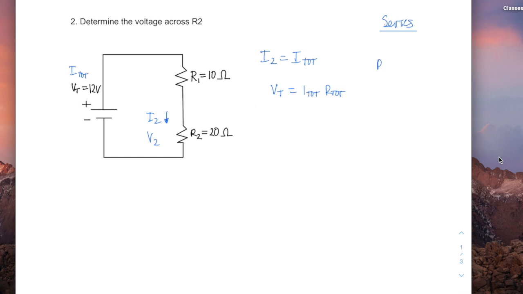We also know that R total, because this is a series circuit, is R1 plus R2. So in this case, R total is going to be 30 ohms. So I have 12 volts, I have I total, which I'm looking for, and I have 30 ohms.